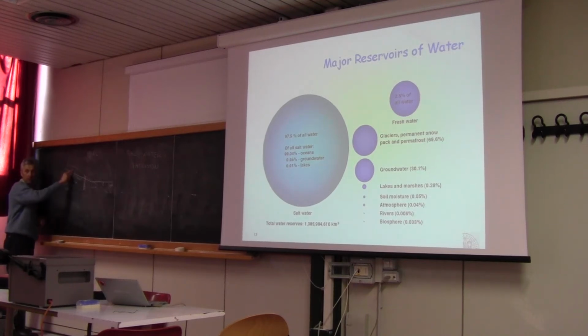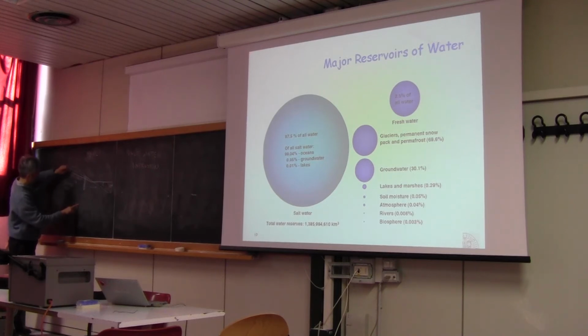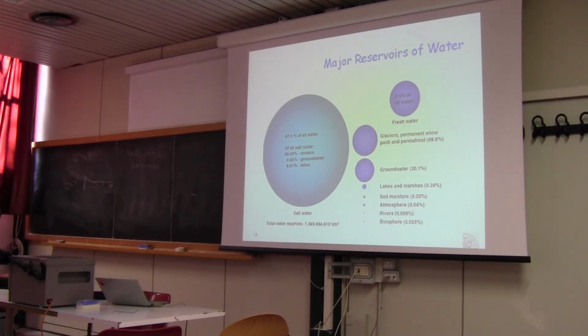Above the water table the soil is unsaturated, but you have a layer of soil which is called the unsaturated zone, which means that you have some moisture, some water there, but the soil is unsaturated.